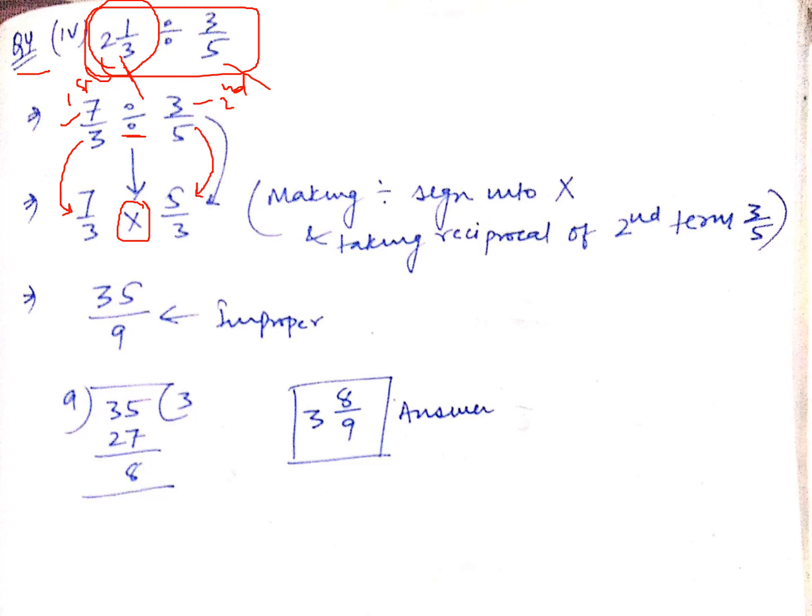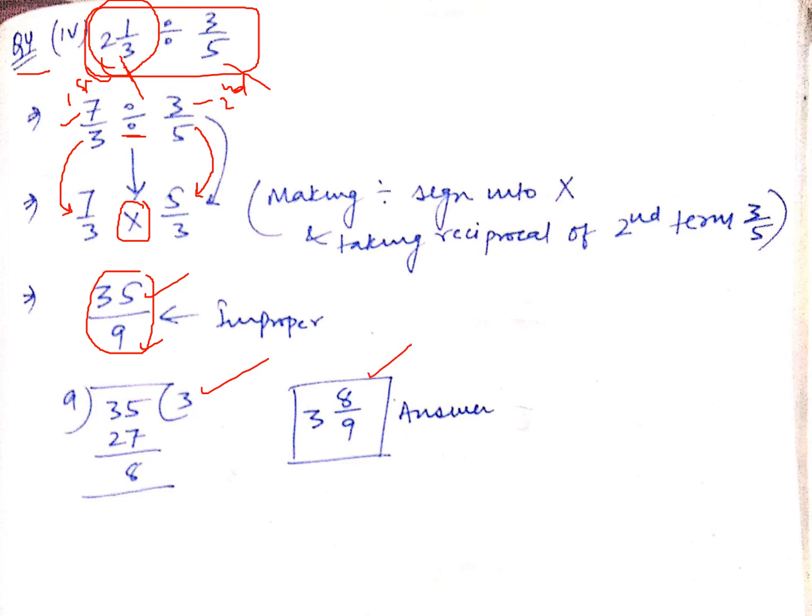The second term is 3 upon 5, so we have written 5 upon 3. After this, you can see 7 5s are 35, 3 3s are 9. As nothing could be cut, I have written it like this. Again an improper fraction. When you divide it, the answer becomes 3 8 upon 9.